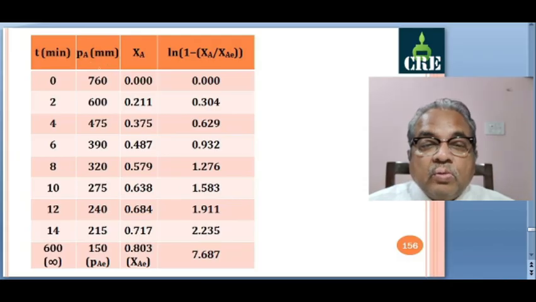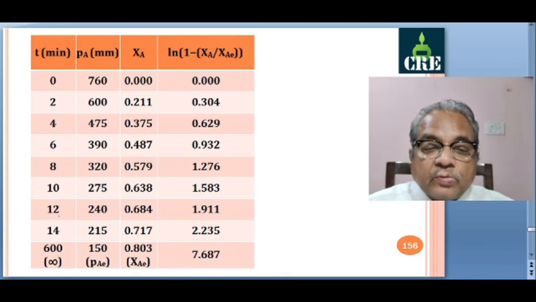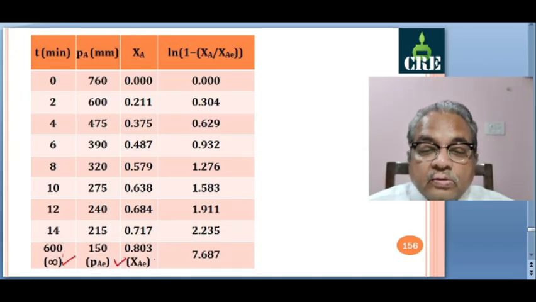Partial pressure in mm of mercury, you start with 760, that means 1 atmosphere. As a function of time, you go on noting these readings, pressure will fall, and at time t equal to infinity, that will denote the equilibrium pressure PAE, and equilibrium conversion can be calculated.